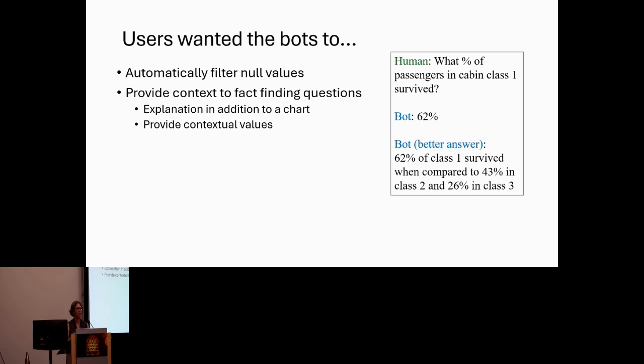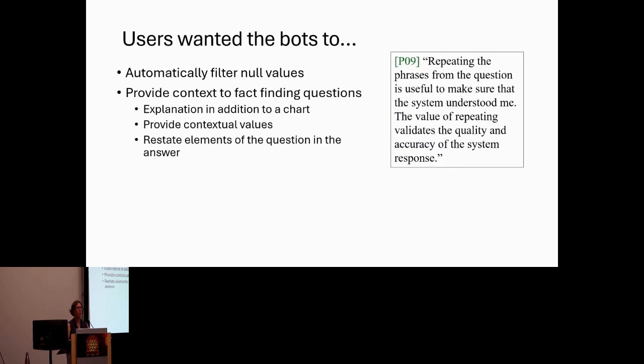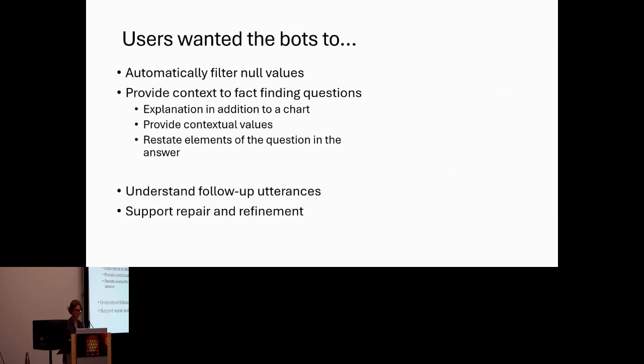And this kind of added context both helped to give an explanation of what was going on, but it also confirmed that the system had truly understood the question the user was asking and wasn't giving an answer to some other potential question. So in this way, they wanted the bots to restate elements of the question in the answers.